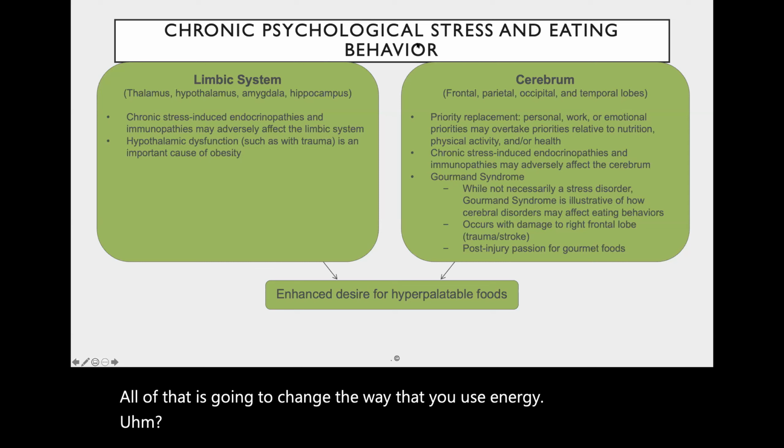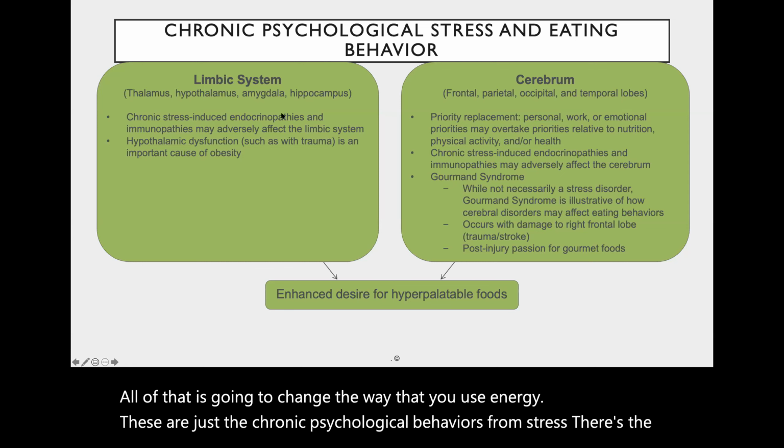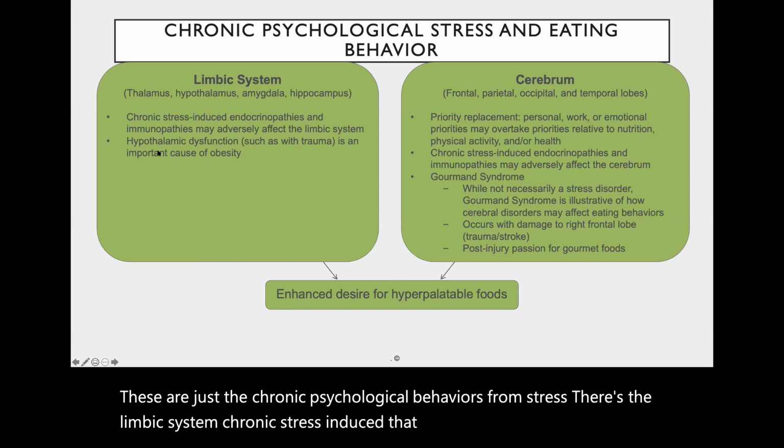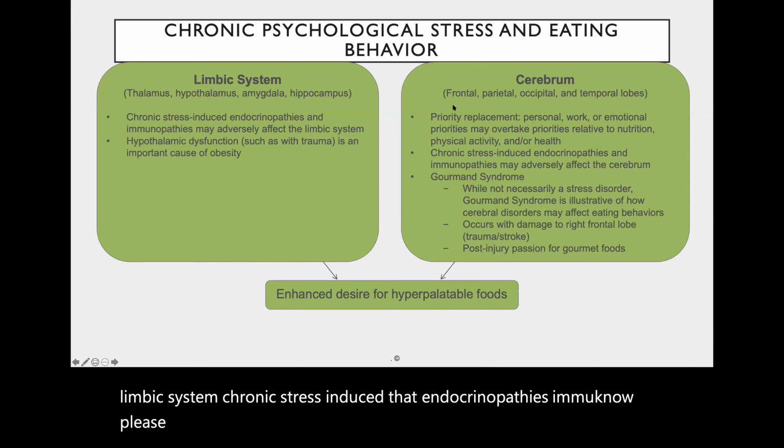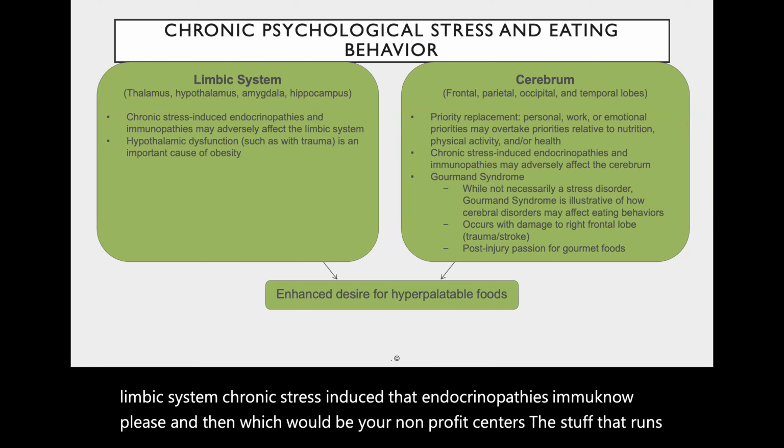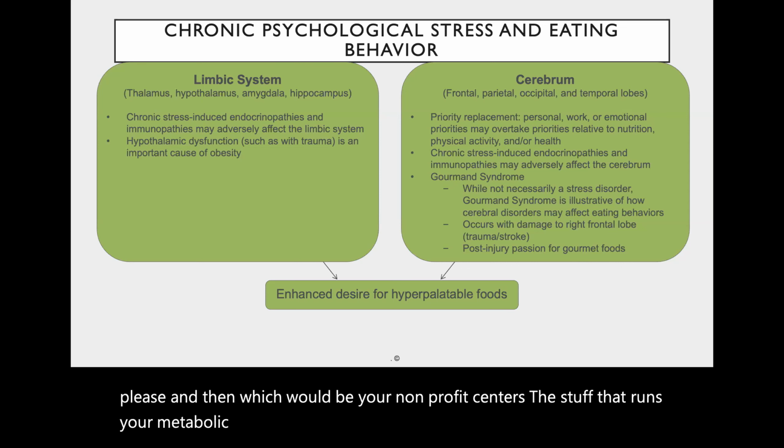These are just the chronic psychological behaviors from stress. There's the limbic system, chronic stress-induced endocrinopathies and immunopathies, which would be your non-thought centers, the stuff that runs your metabolic organ system, so to speak, the limbic system.